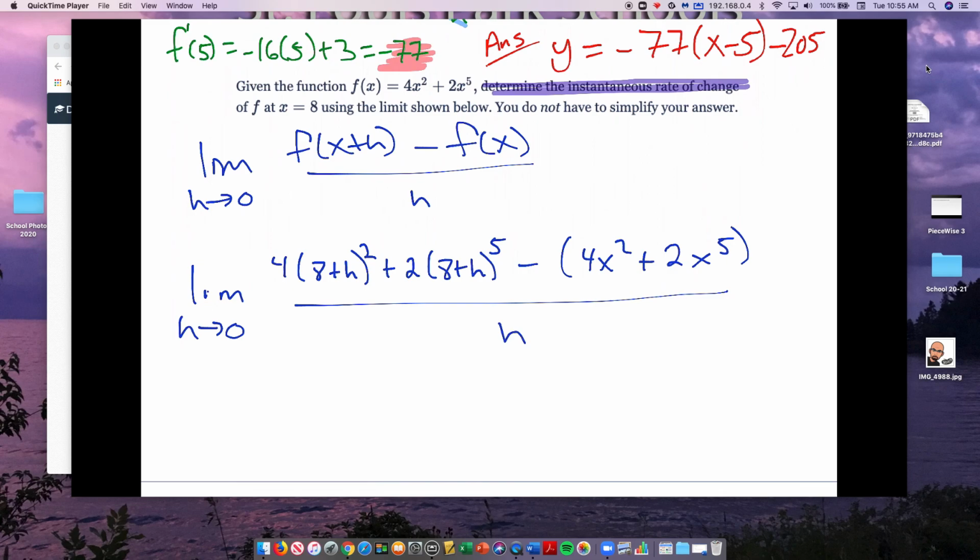And then we're going to leave that just like that. We're not going to simplify it because it says I don't have to simplify my answer. So hopefully that makes sense.